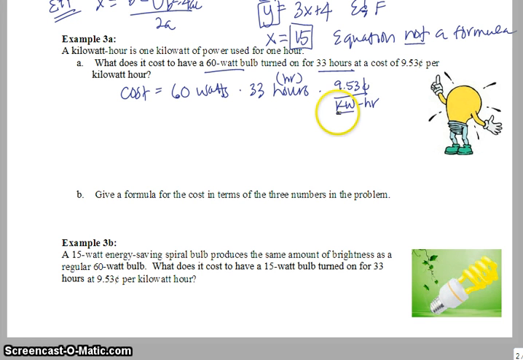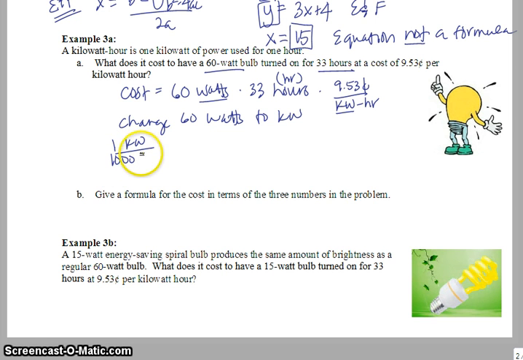Well, the problem is here we have kilowatts and watts in this problem. So we need to change 60 watts to kilowatts. So we use a conversion. We say 1 kilowatt is 1,000 watts.